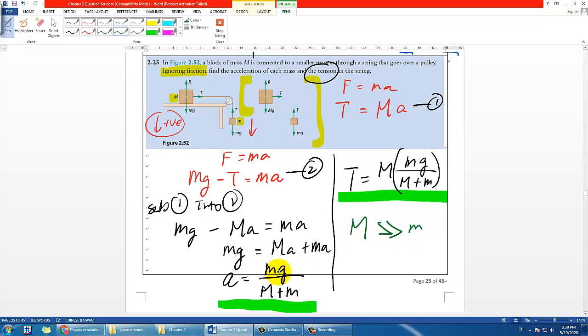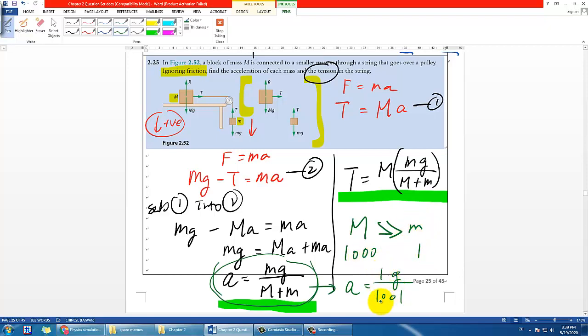By looking at all these things, especially for acceleration, you can tell that if big M is much bigger than small m, say big M is 1000 and small m is 1, you can think about substituting into the equation here, and what you get will be A equals to, because small m is very small, right, times G over about 1000, so maybe this is 1 and this is 1001. So pretty much you can say m is like 0.